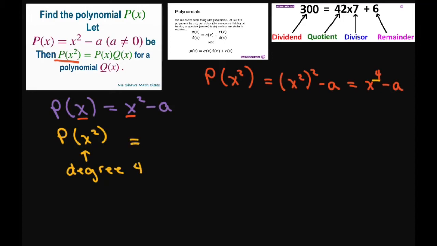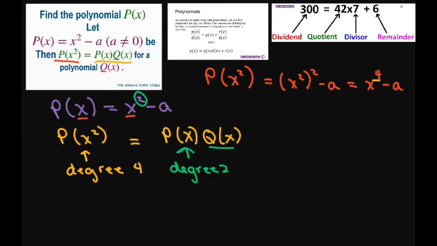And then this is going to equal this right here, p of x times q of x. So this p of x here is degree 2. Therefore, our q of x has to be degree 2 as well.